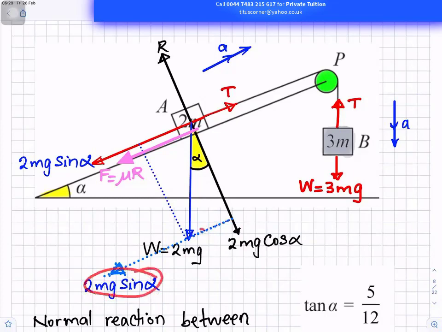And you can put it up there, which is the same. This and this are the same. That's showing that the force pulling it down the inclined plane is 2 mg sine alpha. And the one pulling it up is T, the tension from the string.